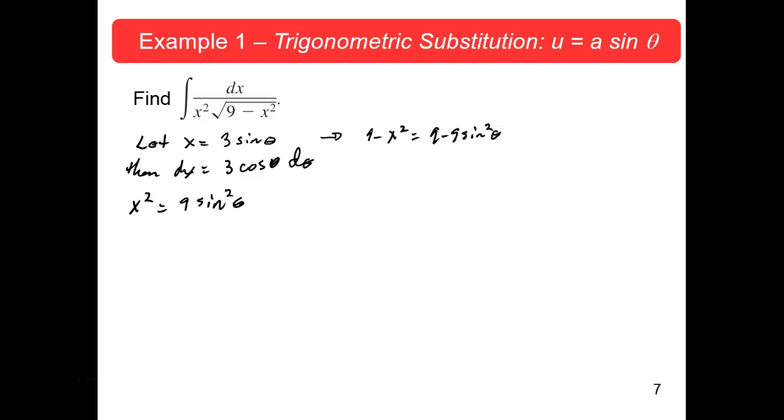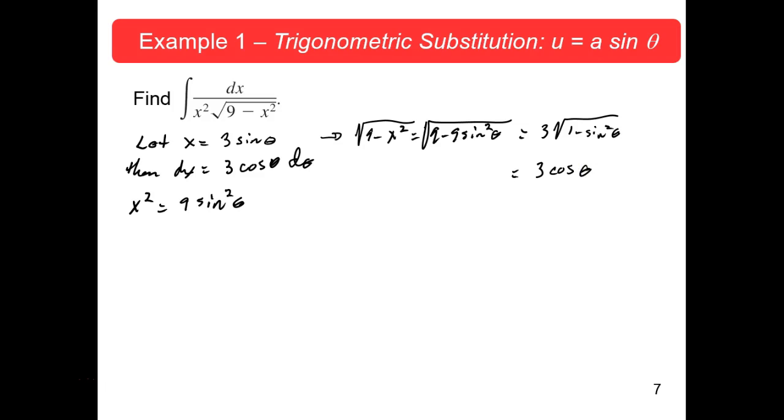Okay, next thing I'm going to do is take a square root of that. I can factor out a 9 there, and it's under a square root. And what's the square root of 9? 3. And what's left under there would be a 1 minus sine squared theta. Okay, and what's that? Cosine squared theta, and take the square root of that, and you get 3 cosine theta.